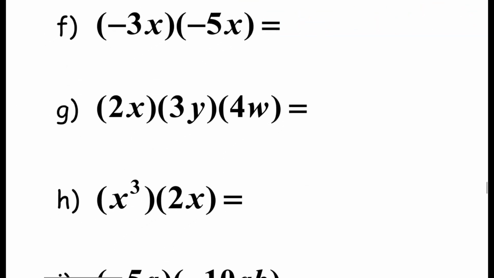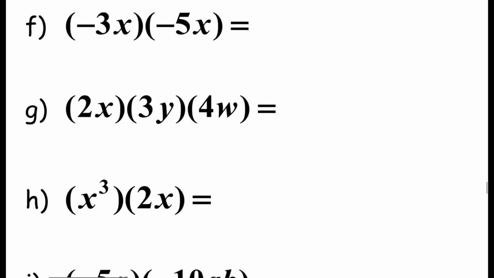For G, now we have 3 parts involved. We're going to follow the same steps though. The first thing that you want to do is multiply the coefficients, and then you want to multiply the variables. Now our variables are x, y, and w, so we want to write these in alphabetical order at the end, and we're not going to be able to add the exponents because the variables are different.